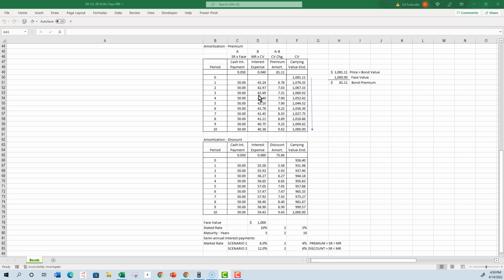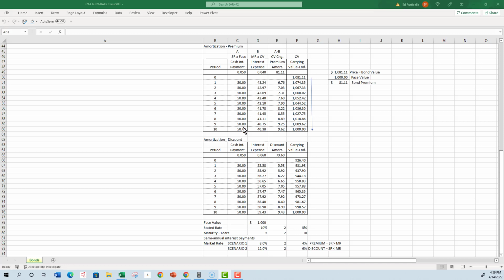To determine the change in the carrying value, or the amount that the premium is amortized, we take the difference between the $50 and the $42.69, $7.31. To get the new carrying value, we take the prior period carrying value of $1,067.33, subtract $7.31, and we get $1,060.02. We do exactly the same thing for periods 4 through 10.